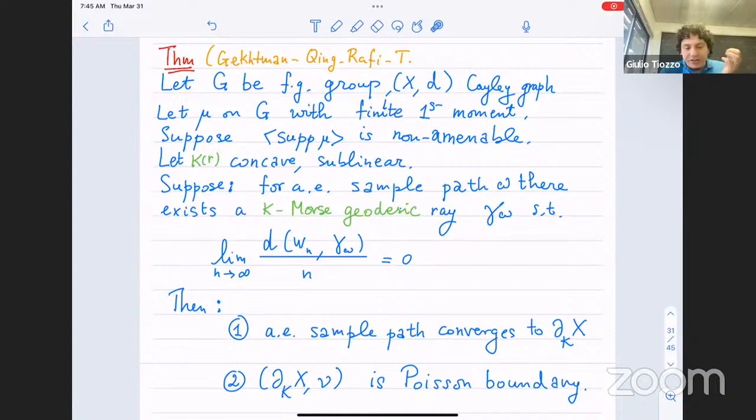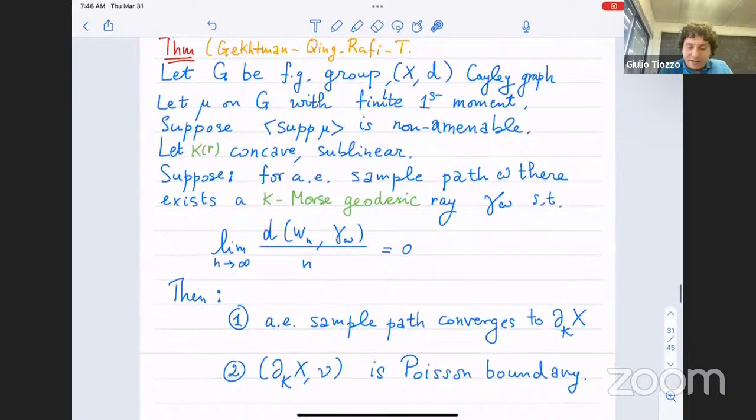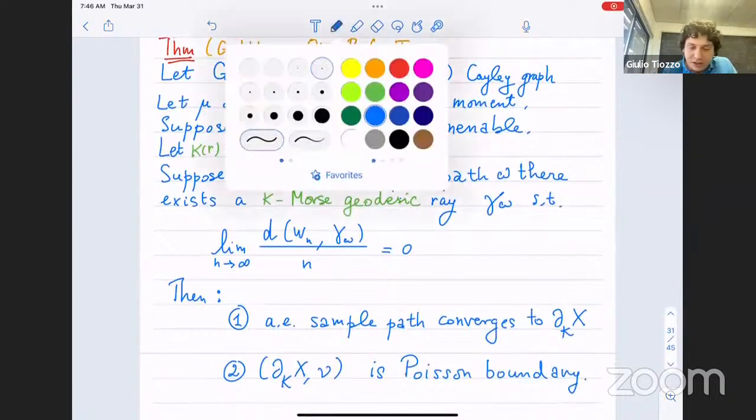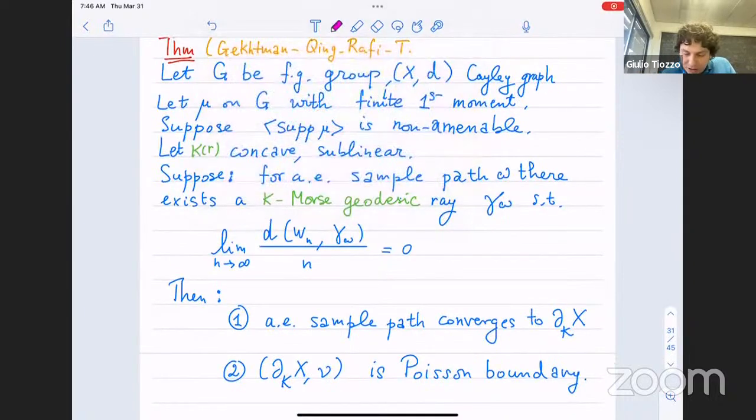The only criterion that we need is a sublinear tracking criterion for kappa-Morse geodesics. Basically, you want to say that almost every sample path sublinearly tracks a kappa-Morse geodesic. That's enough to guarantee both things we need to identify the Poisson boundary.